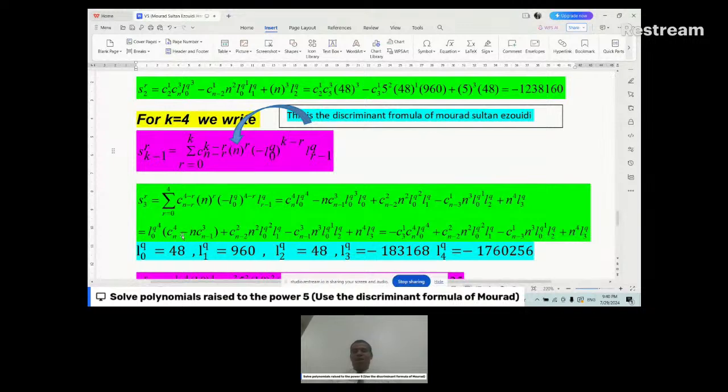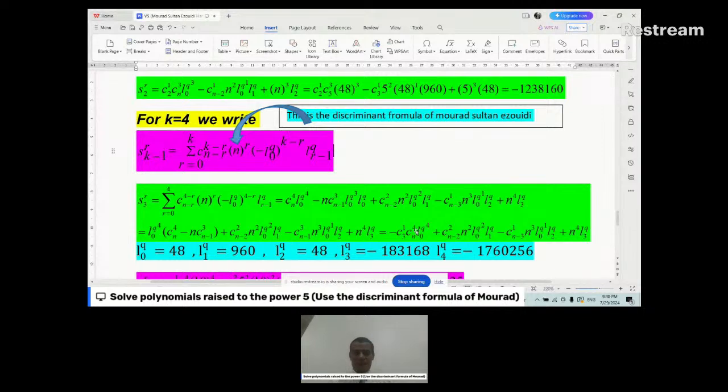So the difference has to be equal to negative combination 3 choose 1 times combination n choose 4 times L0 for dq raised to the power 2, plus combination n minus 2 choose 2 times n squared times L0 for dq raised to the power 2 times L1, minus combination n minus 3 choose 1 times n cubed times L0 for dq times L2, plus n raised to the power 4 times L3. I will focus on the last one that had been simplified.